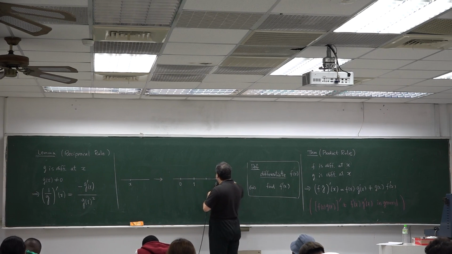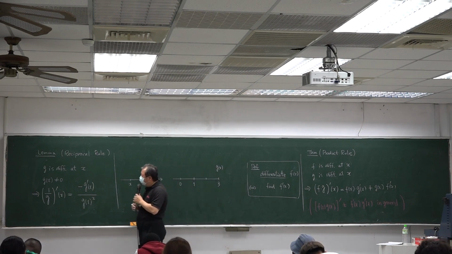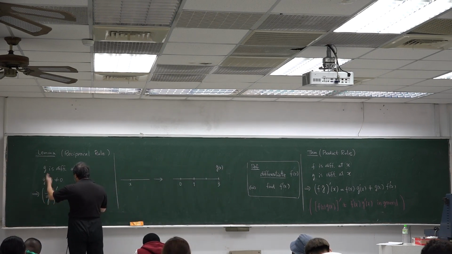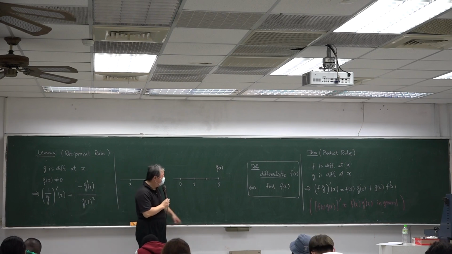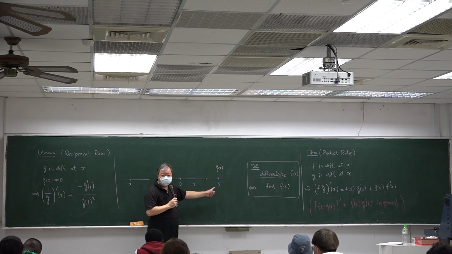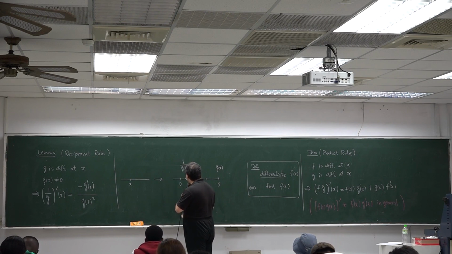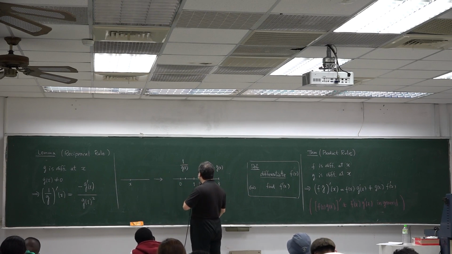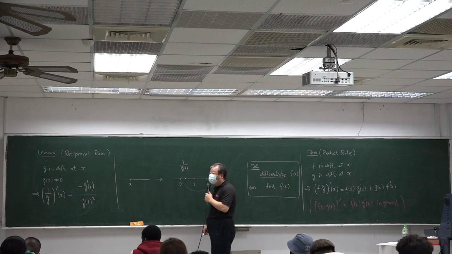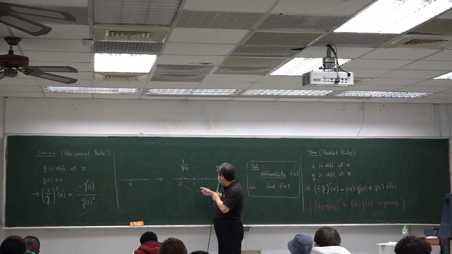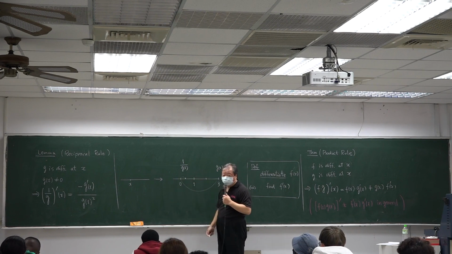What is the reciprocal of g? 1/3, right? 3 over 1/3 is 9. This value is 9 times this value.